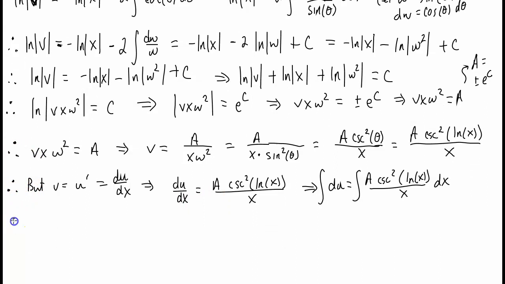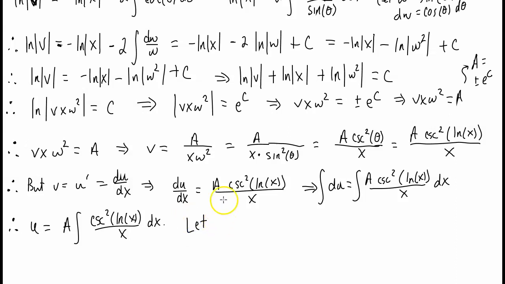So here we have, therefore, integral of 1 du is just going to be u. And of course, over here, I'll take the A and factor that out, and we will keep all this other stuff on the inside here.